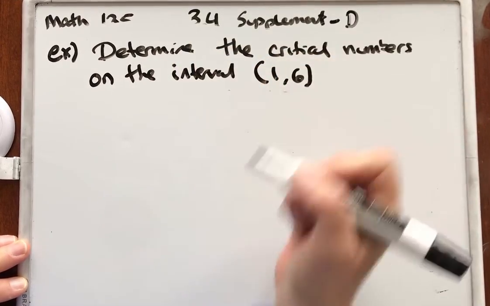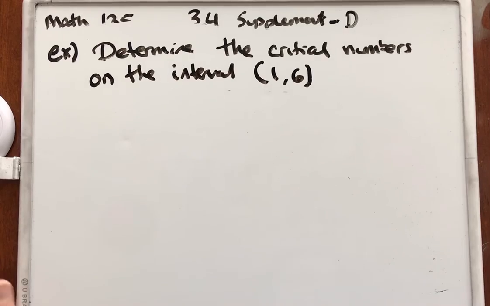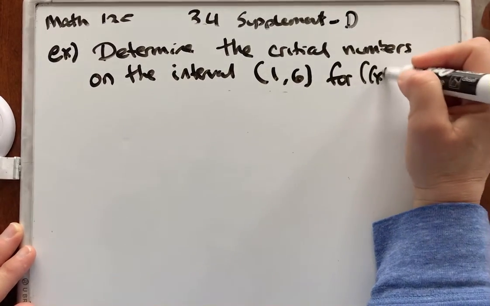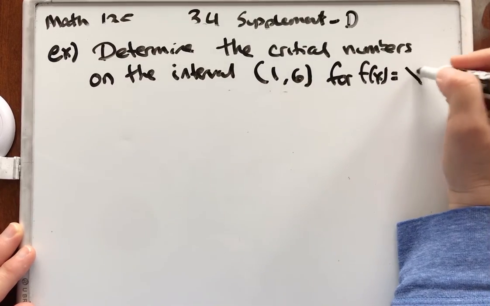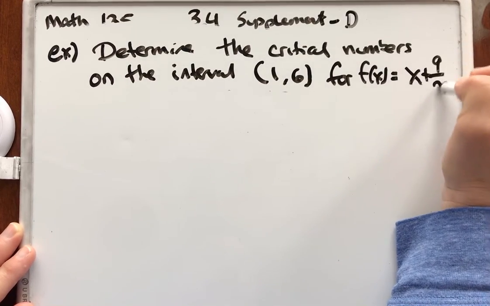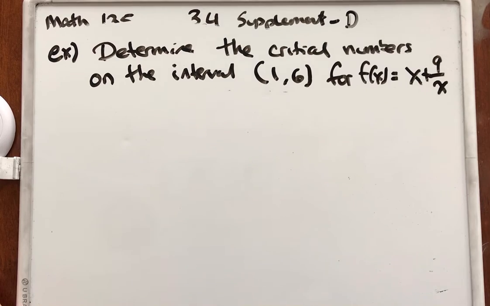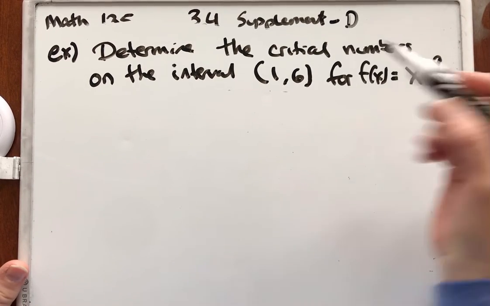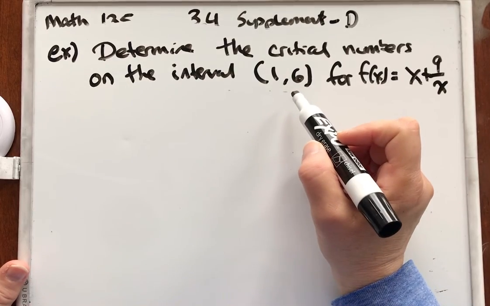Now remember, those are our x values, our interval from 1 to 6, for f of x equals x plus 9 over x. Now notice x can't equal 0, but it doesn't matter because we're looking on the interval from 1 to 6.